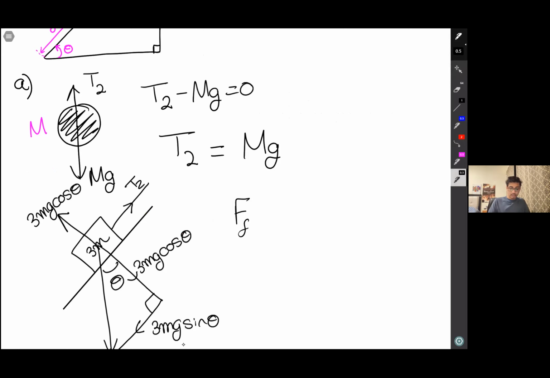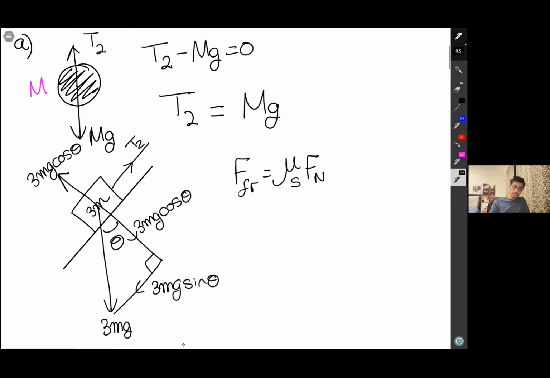Friction, Fr, is equal to some constant mu, the coefficient of friction, times the normal force, Fn. Because we are working in equilibrium, this coefficient will be static friction, mu s. So essentially our frictional force will be 3 mu s mg cos theta, which is the same thing as saying mu s times 3mg cos theta. I just like putting the number up front.